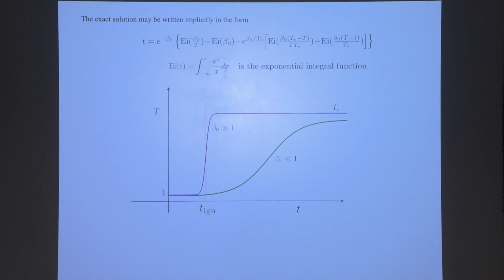It's an exponential integral that appears on the right-hand side. The solution is implicit. Okay, you can graph it, but it's not very illuminating. Anyway, if you do that or you integrate the equation numerically, you get a curve that goes from 1 all the way to the adiabatic temperature when all the material is consumed after some time.